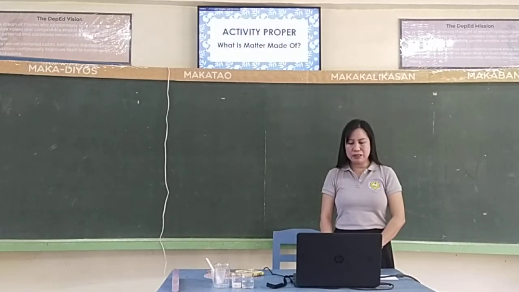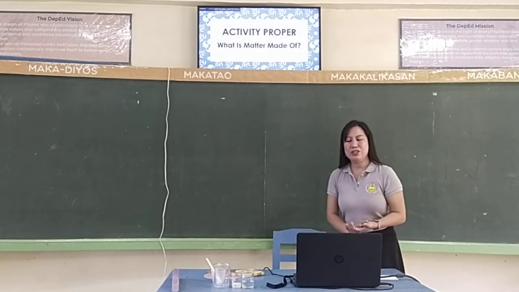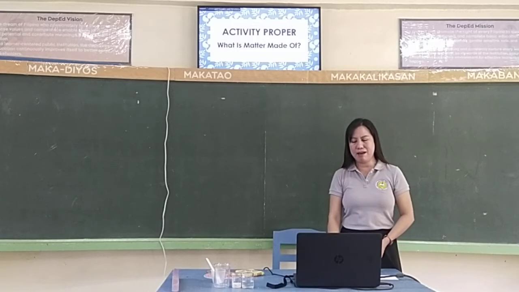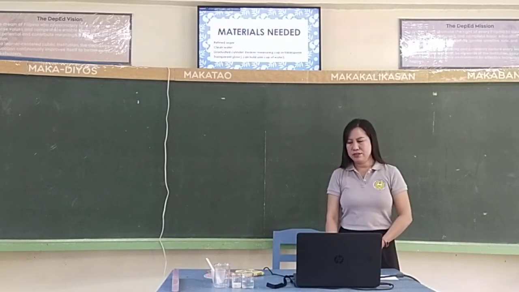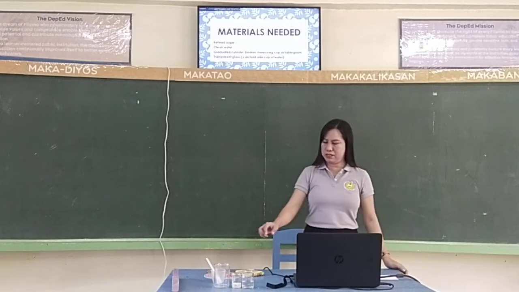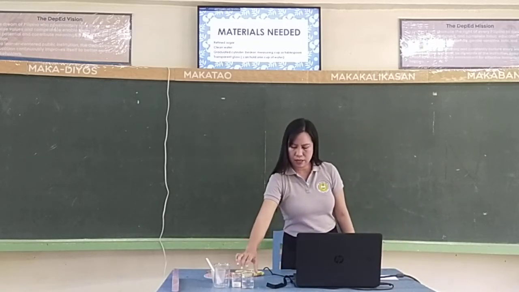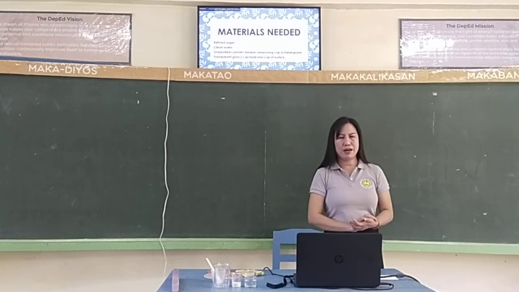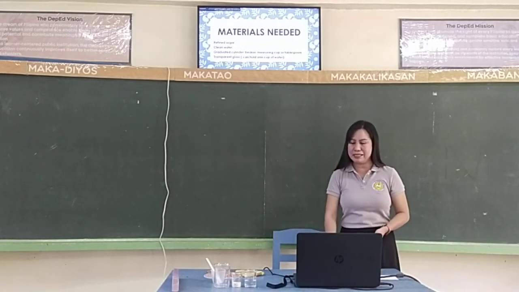Let's have our activity proper. The title of our activity for today is What Is Matter Made Of? Our materials are sugar, clean water, a graduated cylinder or beaker, and a transparent glass.